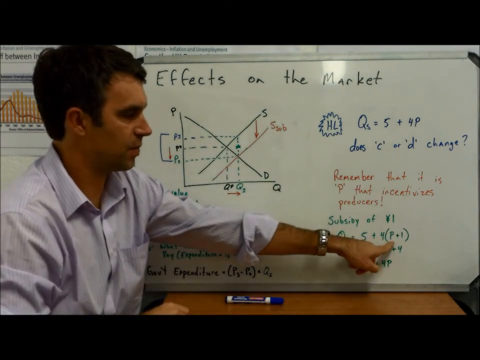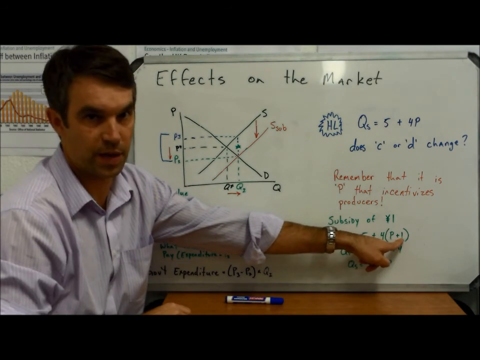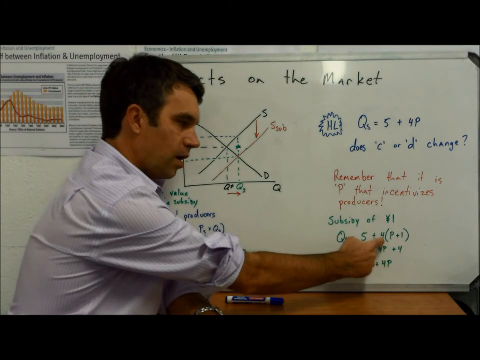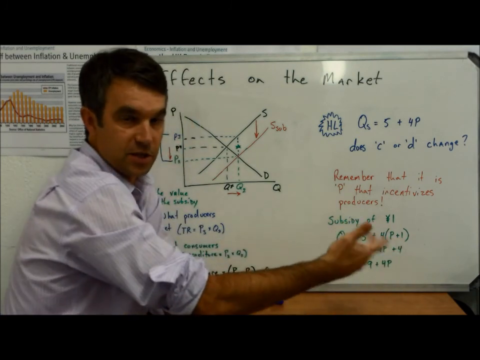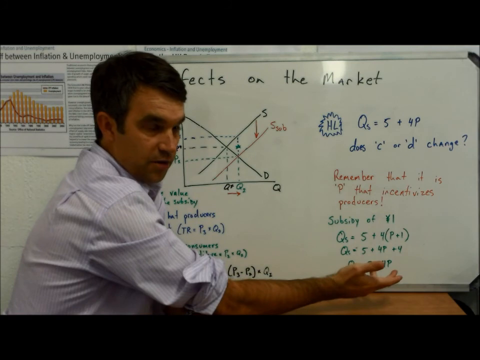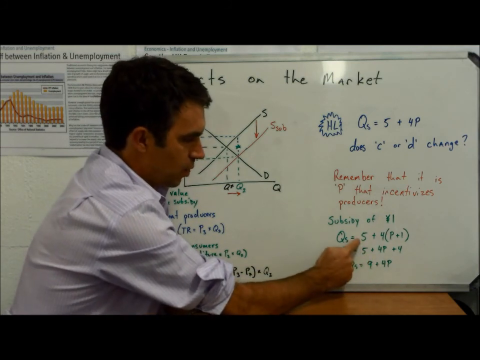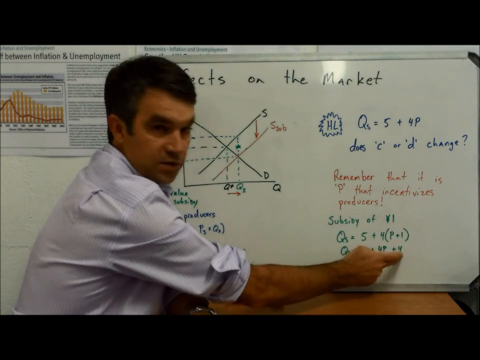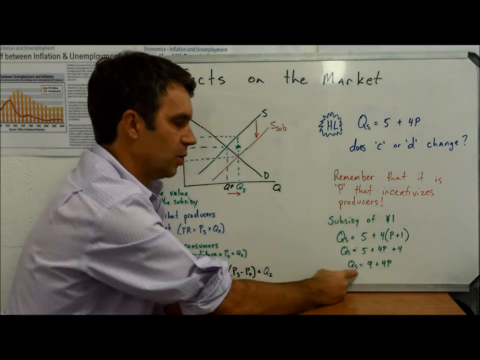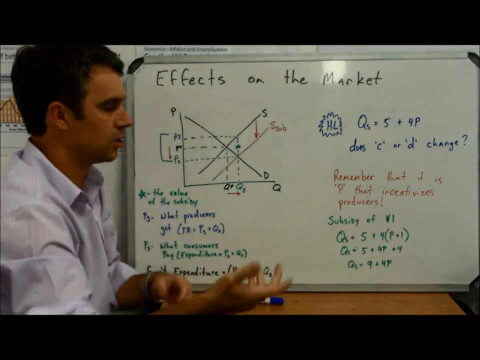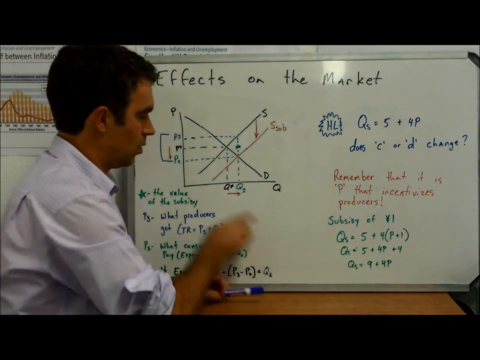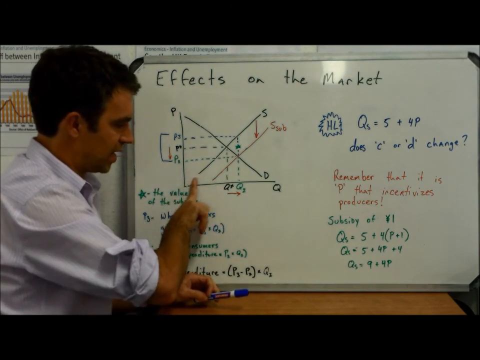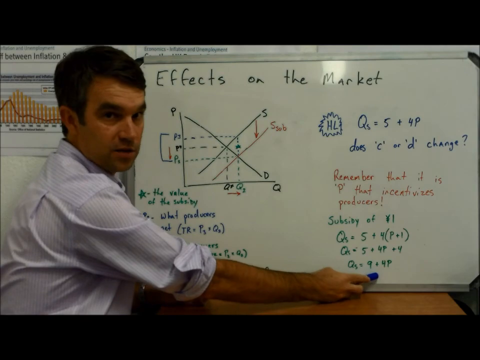So it's the price I get from the consumer plus the 1 yen from the government, and we're going to put that in brackets. Remember though, 4 gets multiplied by each of those, so I have to distribute. I use the distributive property, and we get from QS equals 5 plus 4P to QS equals 5 plus 4P plus 4, and then I simplify, so QS equals 9 plus 4P. So we see we've gotten the result we want. We know that the C variable had to move to the right, so if this was 5, it had to move to the right, and 9 is to the right of 5.